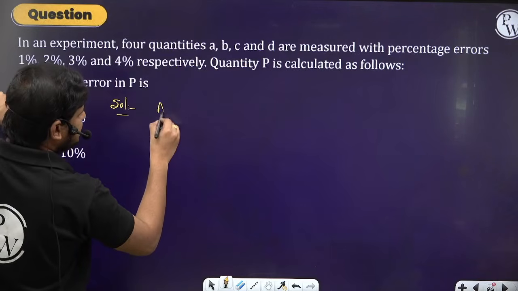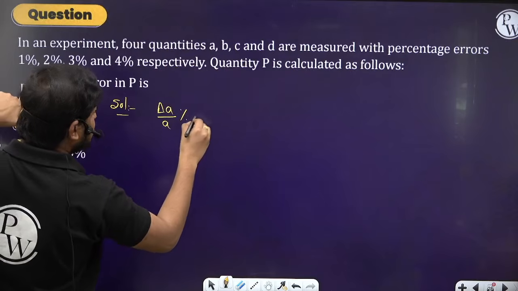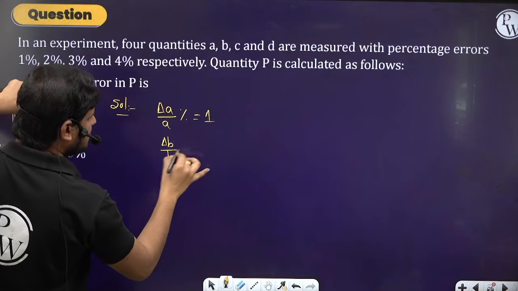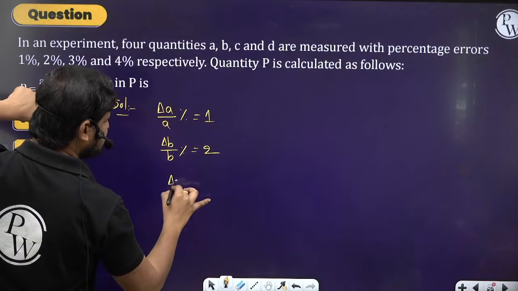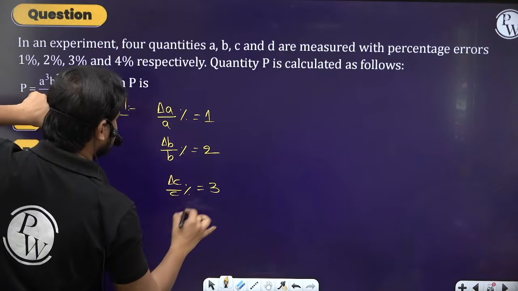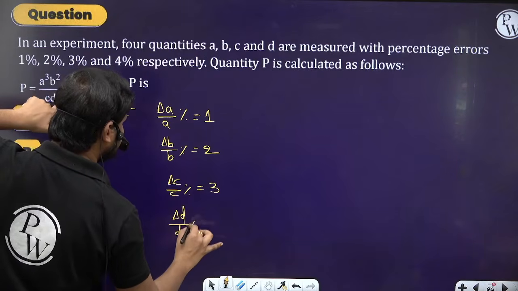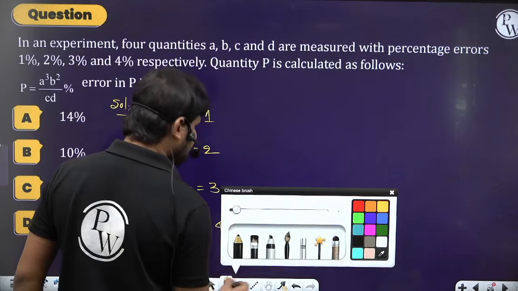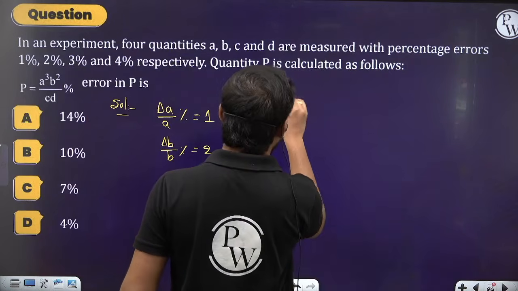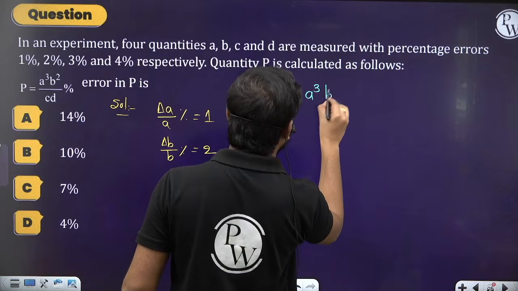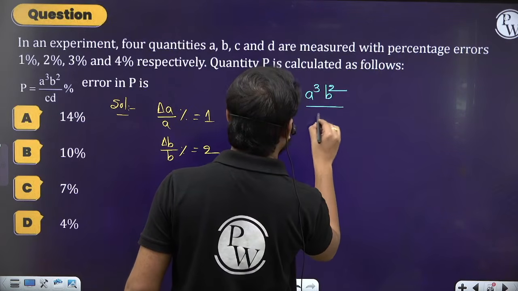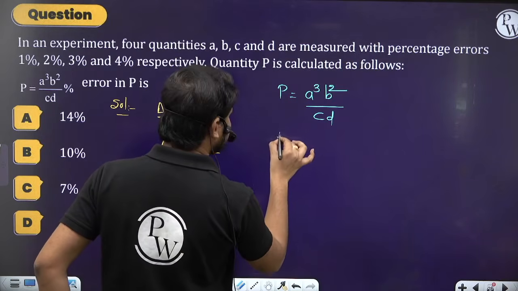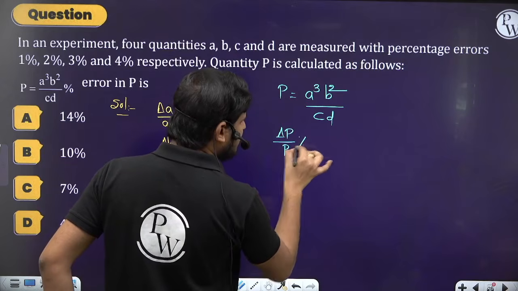That means delta A by A percentage is 1, delta B by B percentage is 2, delta C by C percentage is 3, and delta D by D percentage is 4, respectively. The quantity P is calculated as P equals A cube B square by C D. So we need the error in P, that is, delta P by P percent.